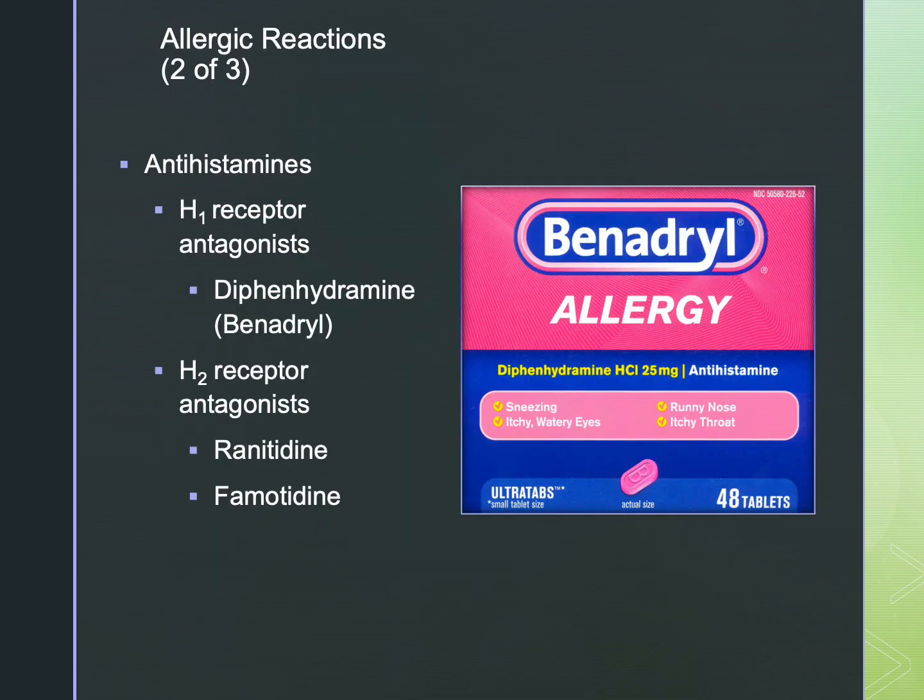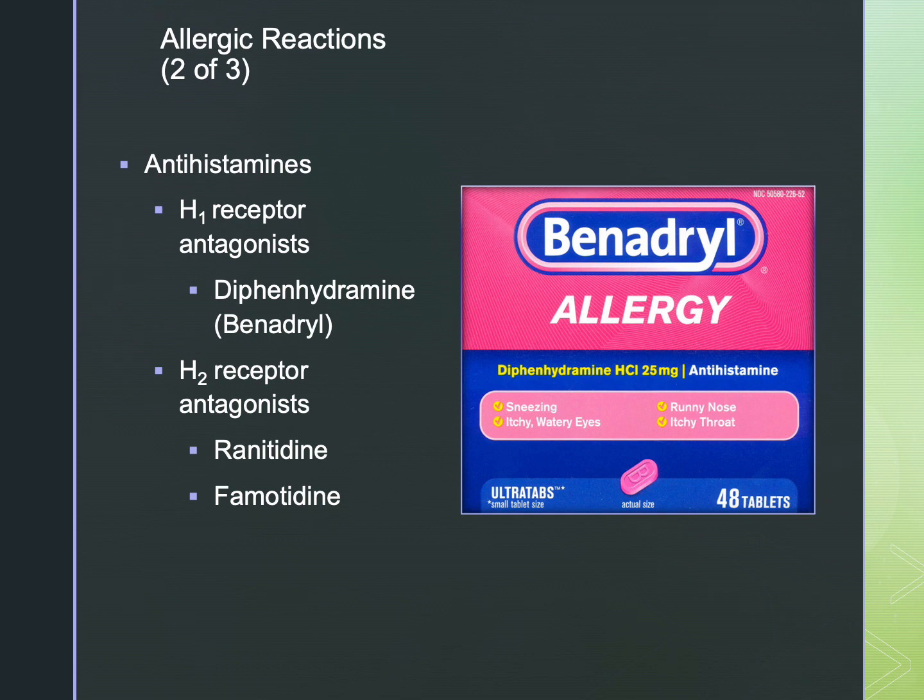When the body is exposed to something that it is allergic to, it's going to react by releasing a number of proteins, including histamines. Histamine is a chemical that is created by the body, and it's released by white blood cells into the bloodstream when an immune system is defending against a potential allergen.